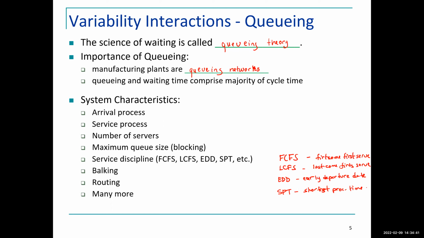So out of all the products that you have in line, you want to take care of the one that takes the least amount of time. So those are policies or disciplines for the queues that you can use. If you look at the Arena Q modules, you'll see that these disciplines are listed there. You can select between first come first serve, you can select between early departure date and so on. We have bulking, routing, and many more.